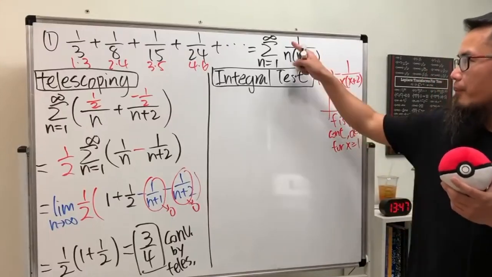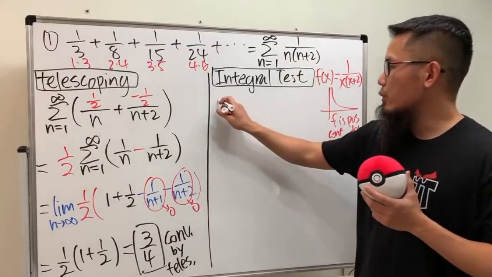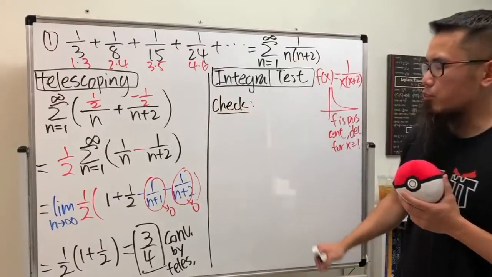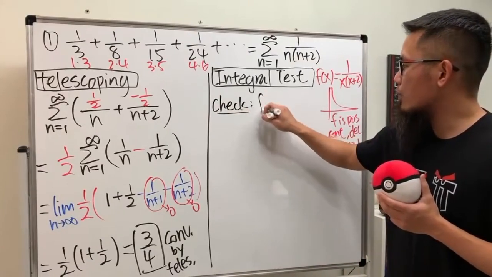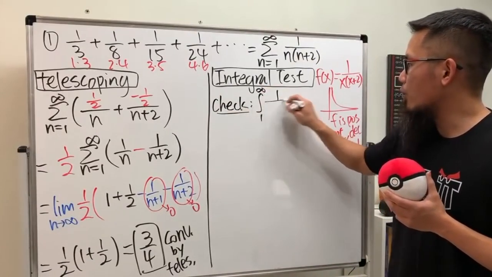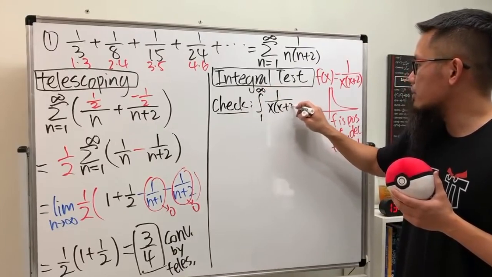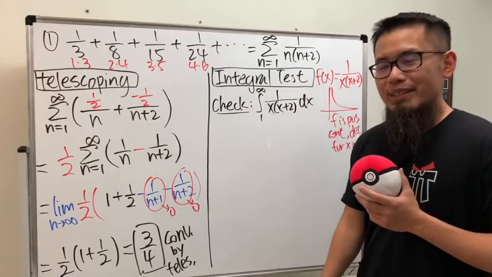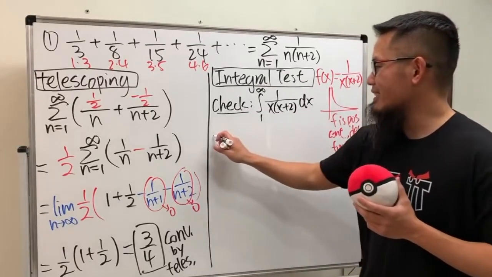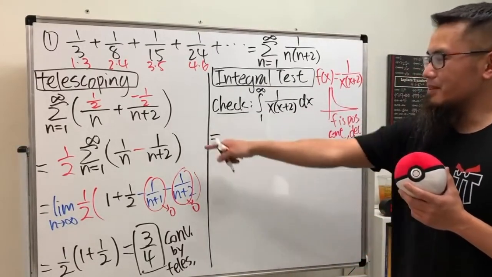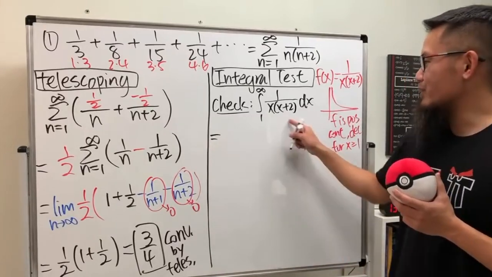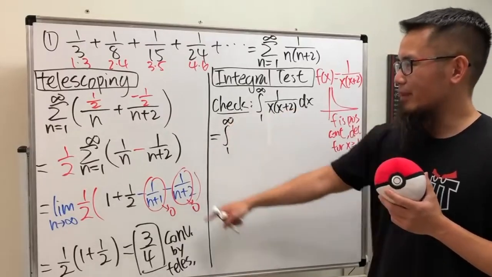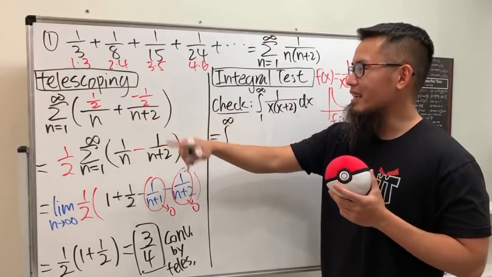All right, so to use the integral test, what we do is we just have to check the corresponding improper integral, namely the integral going from 1 to infinity, 1 over x times x plus 2 dx. All right? So to do this, in fact, it's pretty similar steps because we can just do the partial fraction. So this is the integral going from 1 to infinity, and we'll just look at that and put down x instead of n.